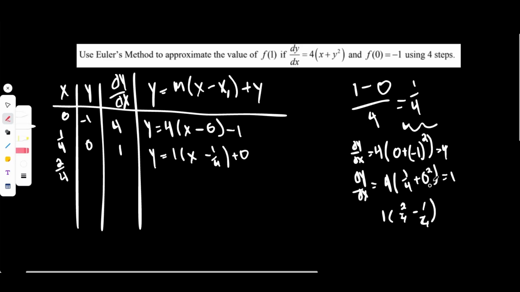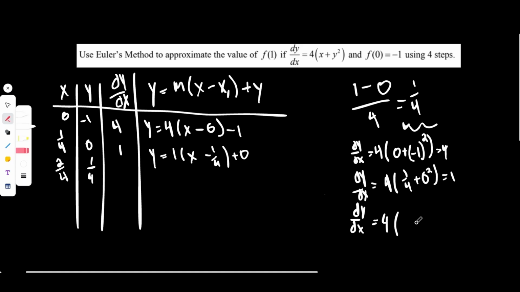Because 0 won't have any value, I'm not going to write it out. So 2/4 minus 1/4 is going to be 1/4. 1/4 times 1 is going to be 1/4. And then we plug our ordered pair back into our dy over dx equation.